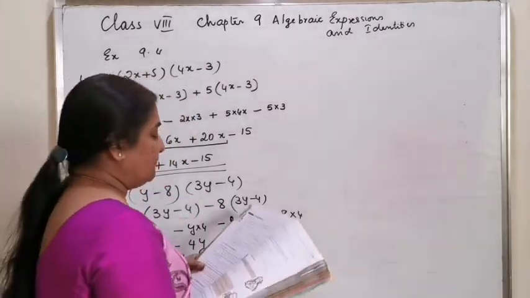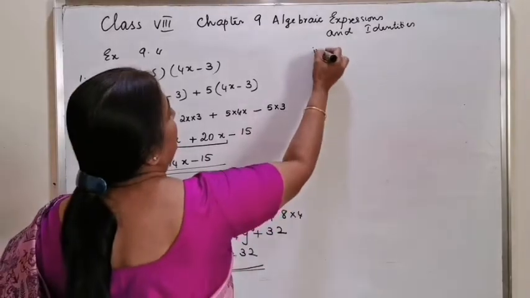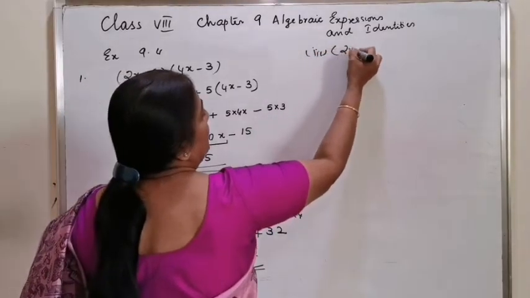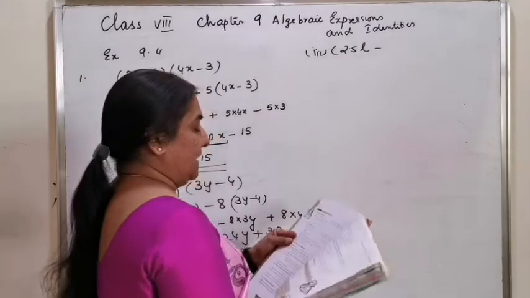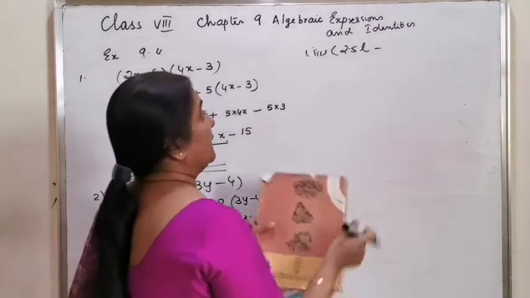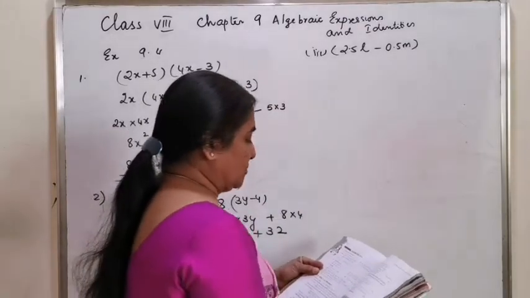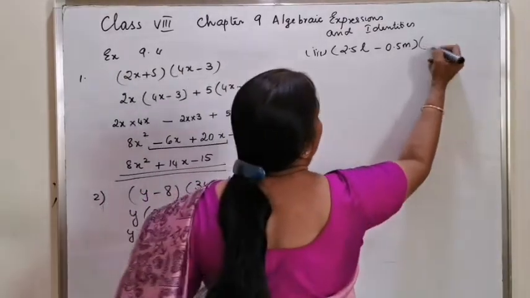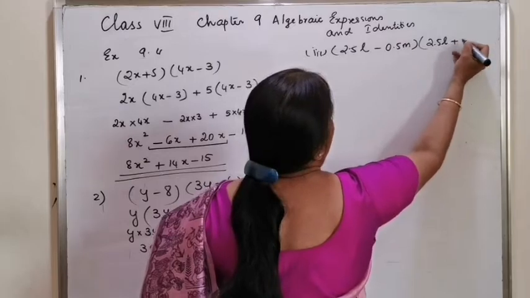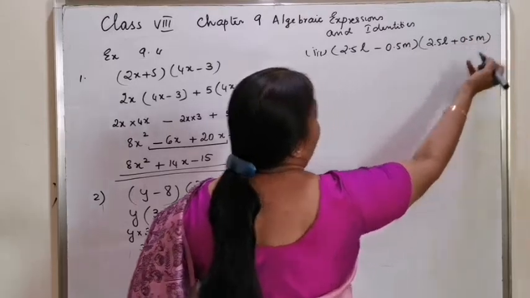Third one, 2.5L minus 0.5N into 2.5L plus 0.5N.